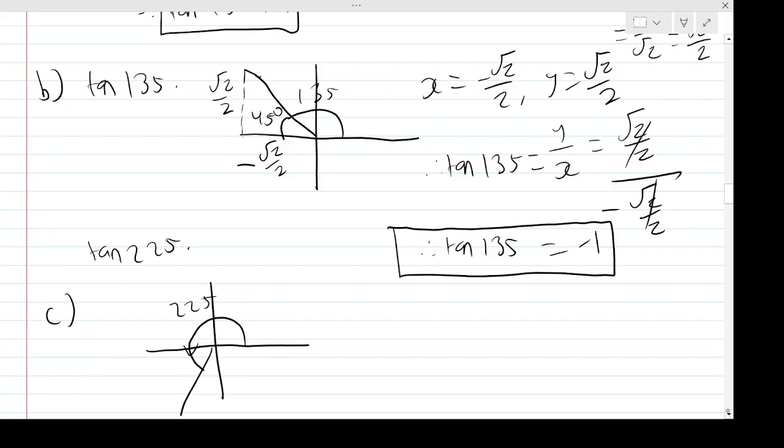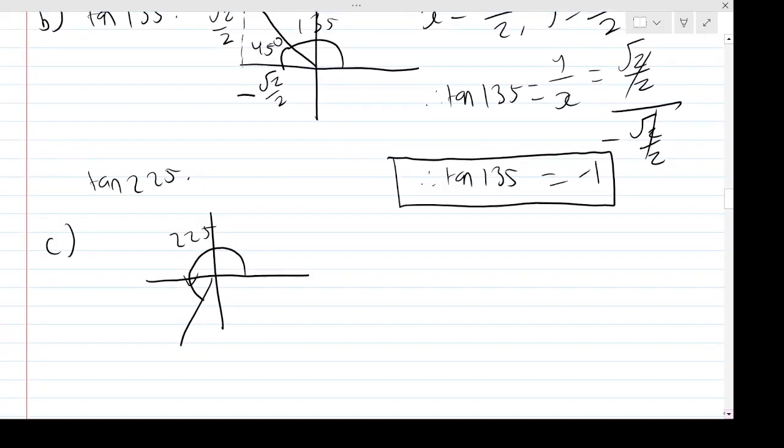Again, alternatively, as we discussed, this angle here was 45, so we can create another triangle. So that's 180, and then another 45 would be there. So then we've got the same sort of 45-degree triangle.